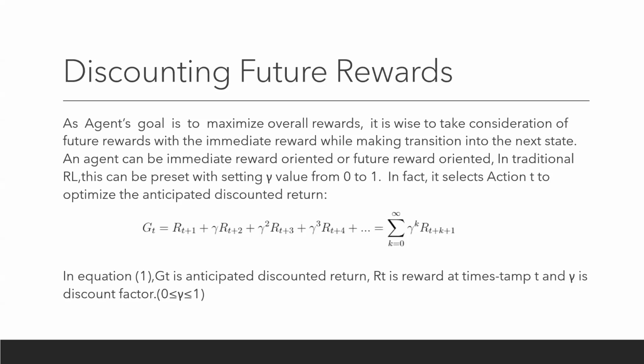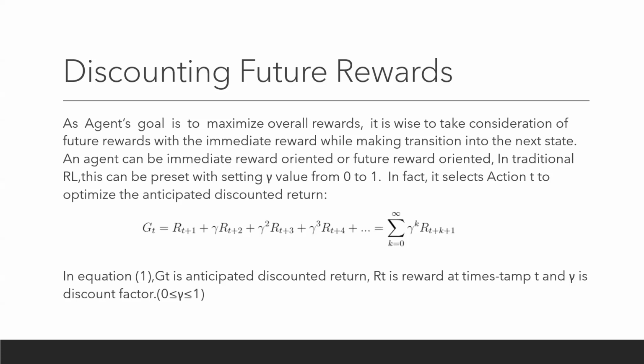The discount factor gamma is between 0 and 1, because we want to consider the immediate reward to be maximum, and then we move on to the next state.